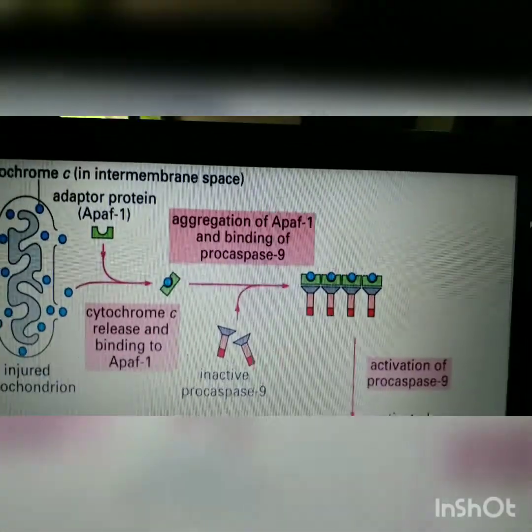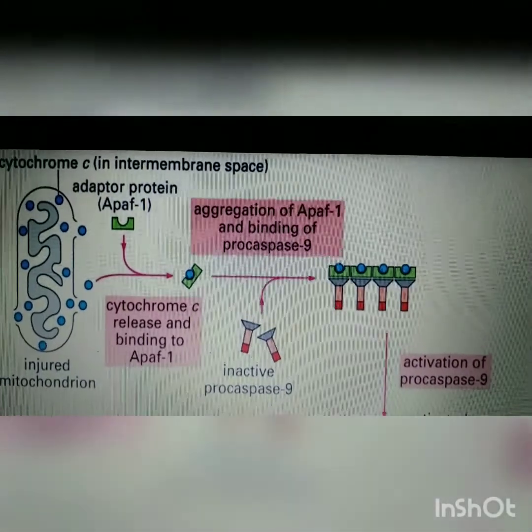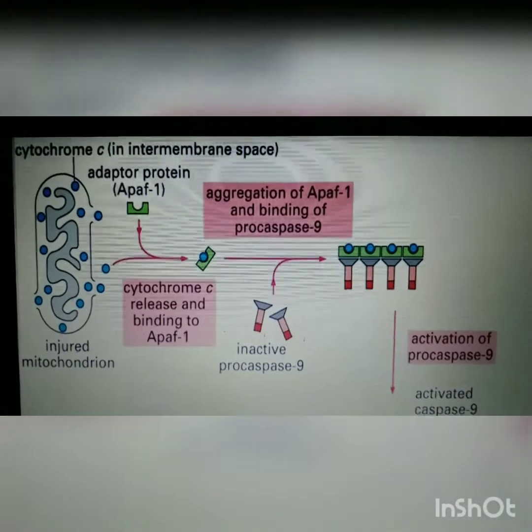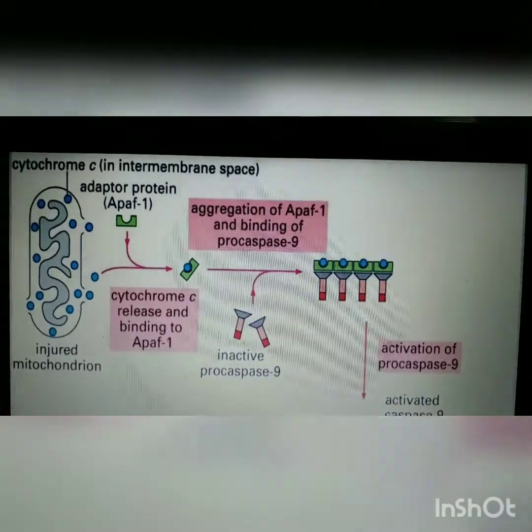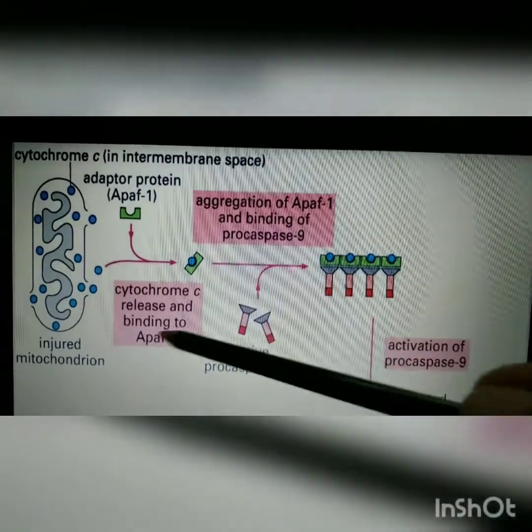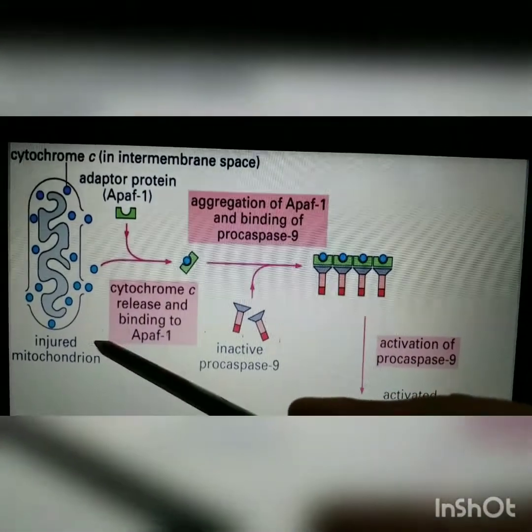Before I move to the extrinsic pathway, I just want to explain the intrinsic pathway again with these slides. This is the mitochondria.